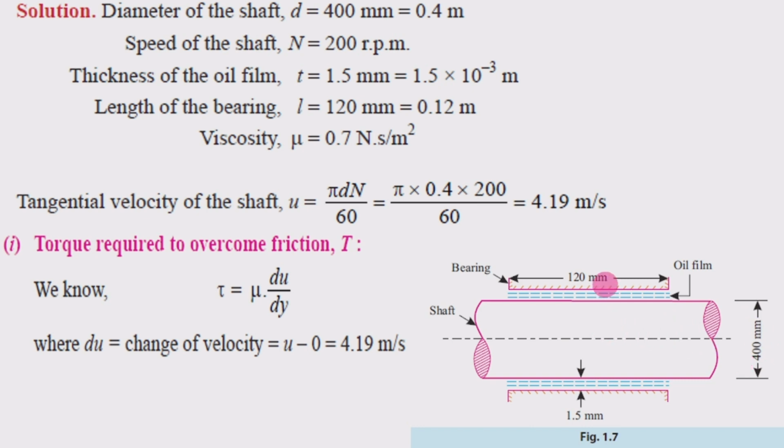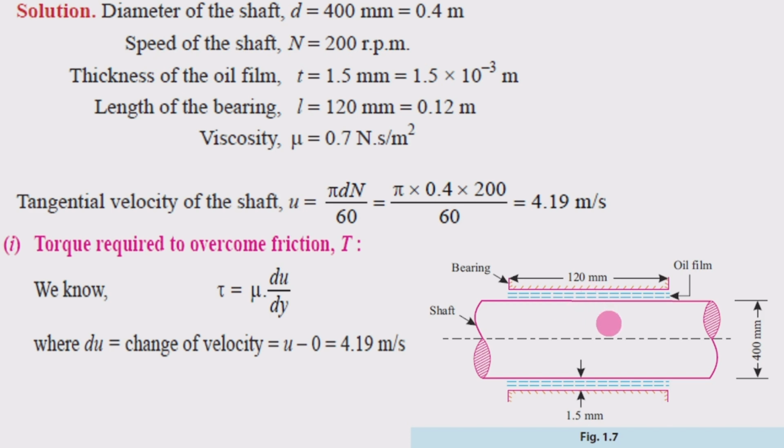Between this bearing surface and the shaft surface there is a fluid, the lubrication used in order to avoid the friction, and for that the oil used, its thickness is given. There is a 1.5 thickness of the oil between the bearing surface and the shaft surface, and its dynamic viscosity, or only viscosity we can say, is given.